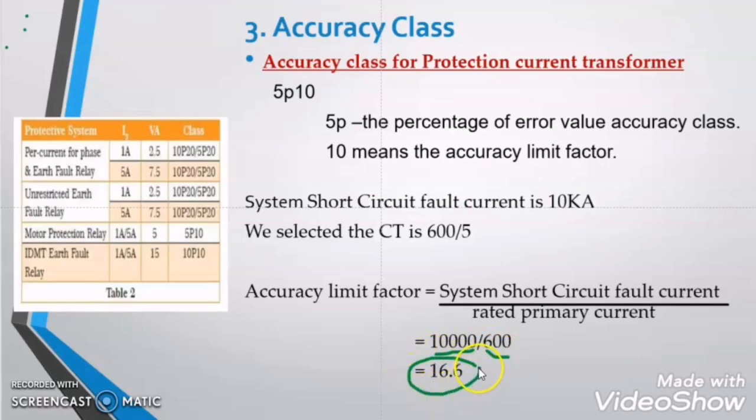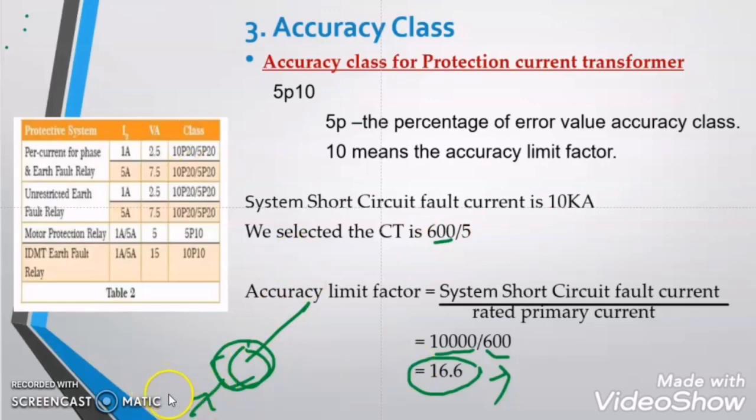and the value came as 16.6. This 16.6 expresses that the core of the protection type current transformer will get saturated when the primary current is 16.6 times the rated primary current of the CT. What does it mean?